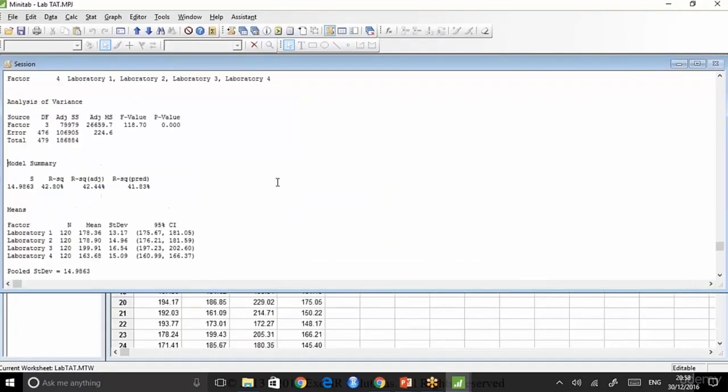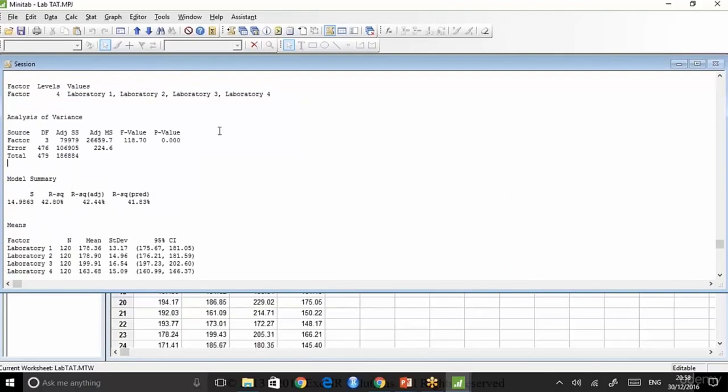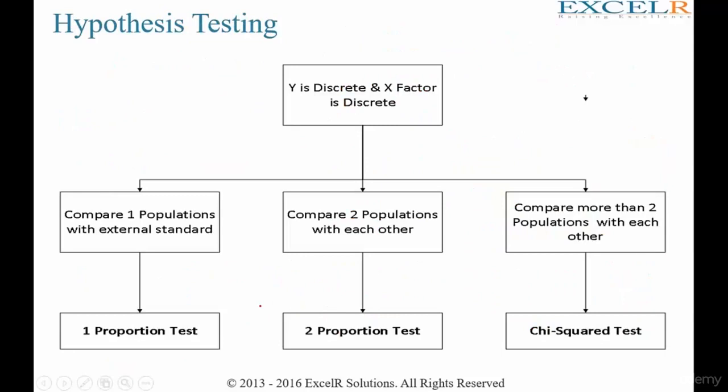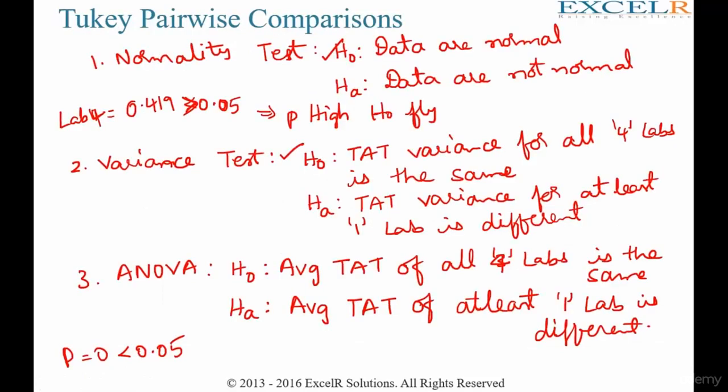And the p-value is 0. So the p-value is equal to 0. 0 is obviously less than 0.05, which implies p low, null go, meaning we reject the null hypothesis.